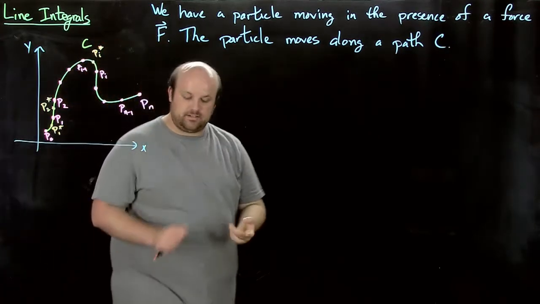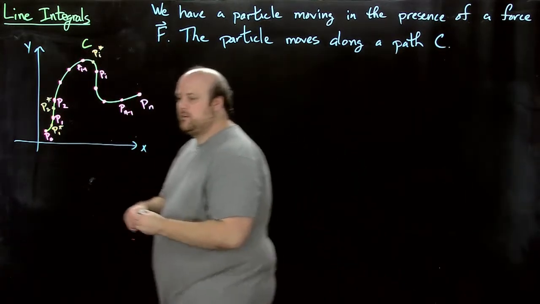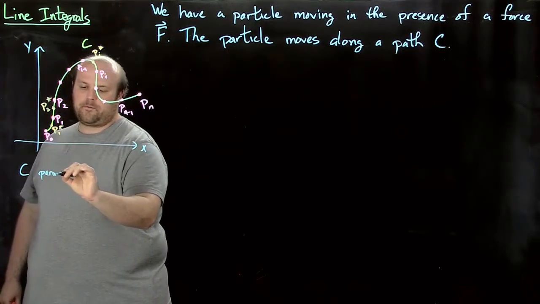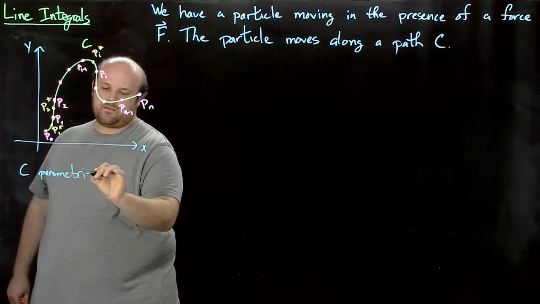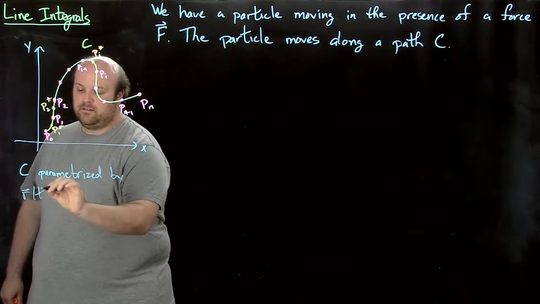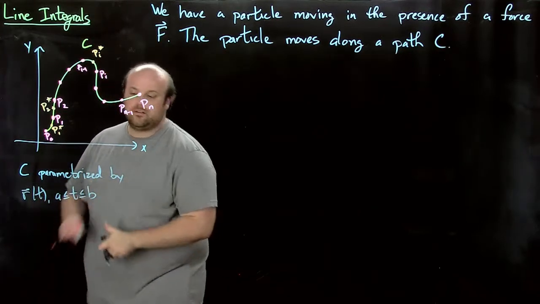Right? And let's say we have a parametrization of this curve. So C is parametrized by r of t between a and b, right?